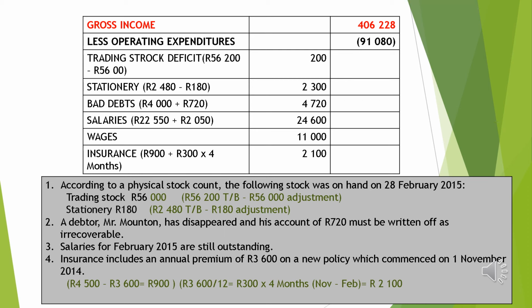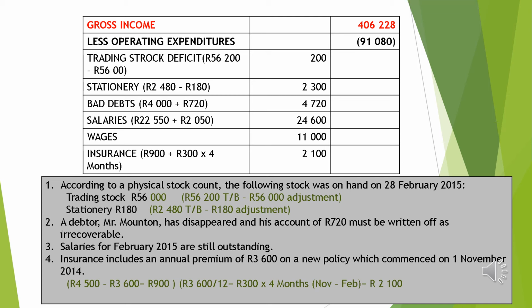Now we are taking into account that we also incurred expenses during this financial period, minus it from the gross income, then get what we refer to as net income or net profit. That net profit will be given to the owner of the business.